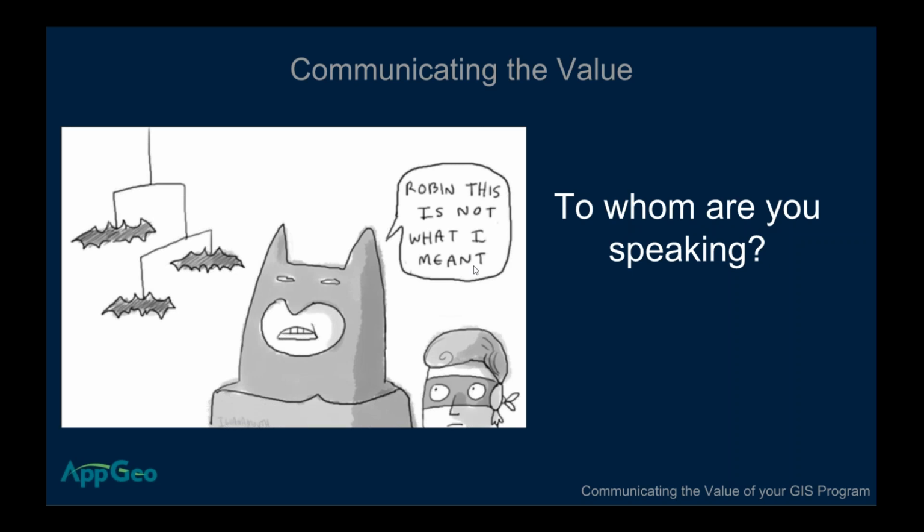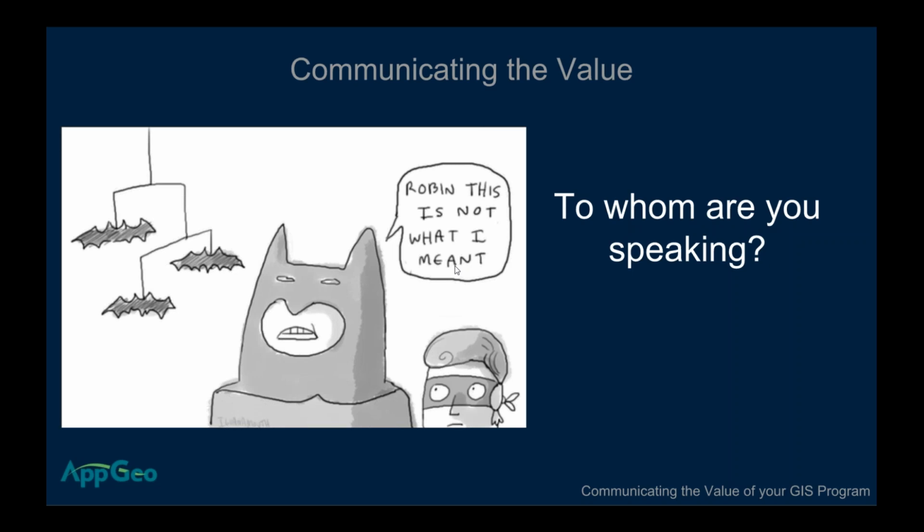What are the priorities of the leadership in your organization? Is it about providing transparency, providing access to government information? If that's the high priority, when you're communicating the value, put the GIS in the context of a tool or a platform that can help provide that transparency.